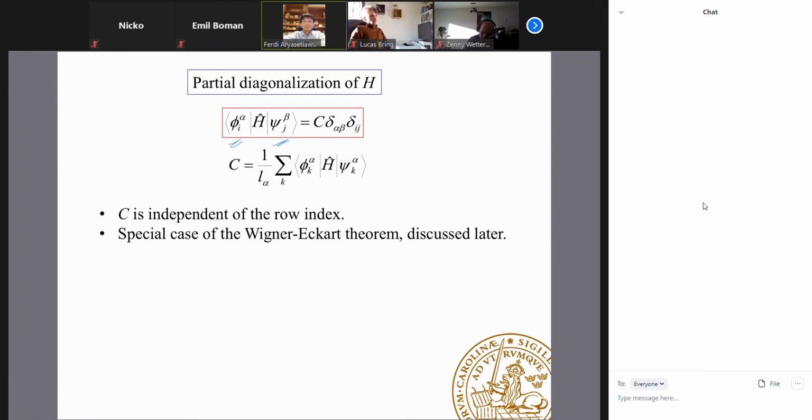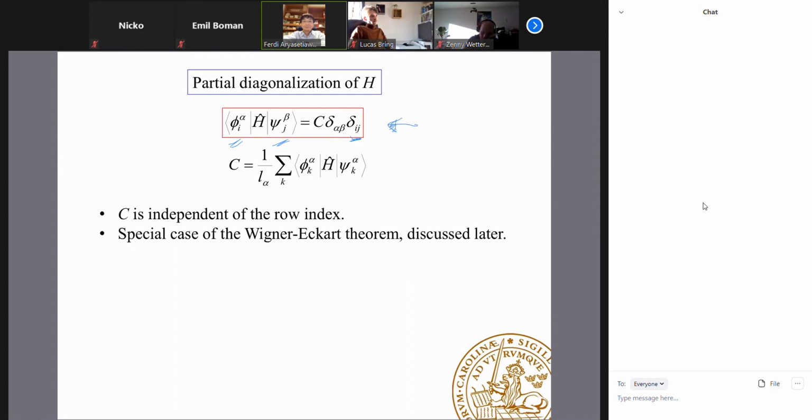In fact, not only if they belong to two different irreducible representations, but even if they belong to the same irreducible representation, this matrix element is still 0 if the rows, we call them row i and j, are different. So this is a very useful result.